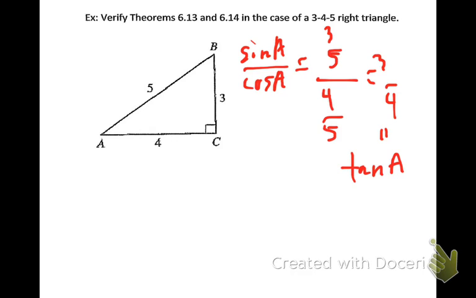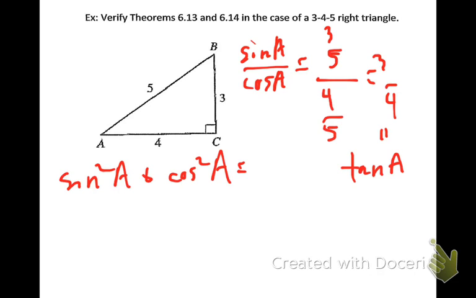Questions? All right. So now we have to prove the other one. We have to show that the sine squared of A plus the cosine squared of A equals 1.